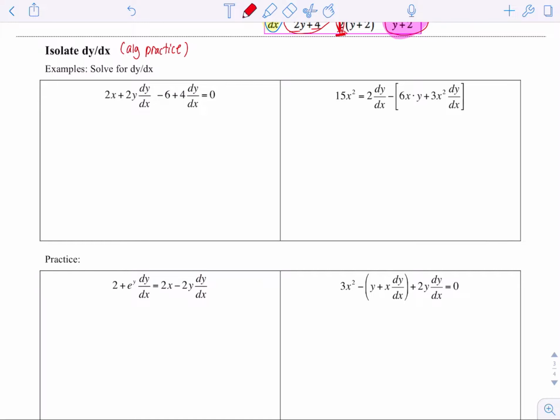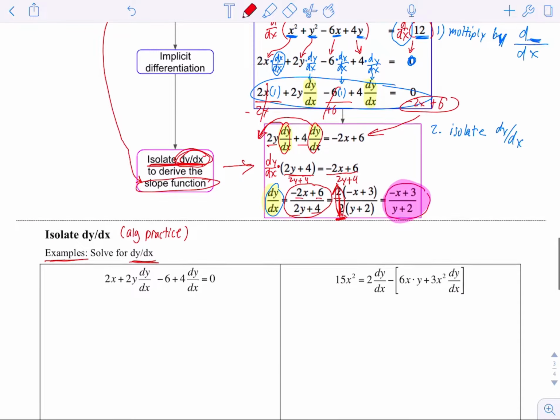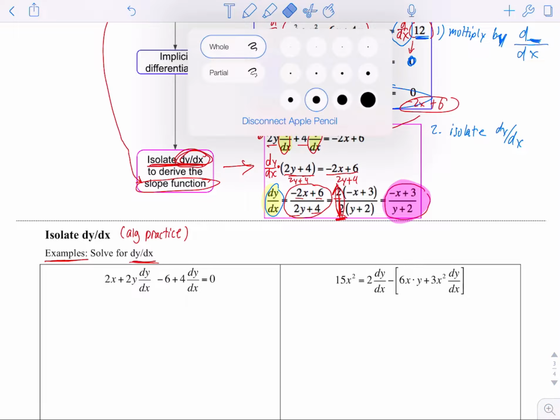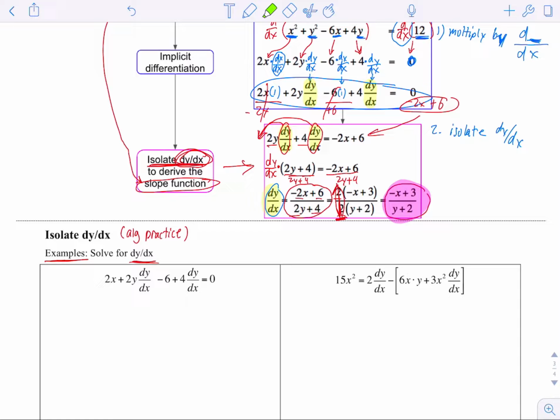Okay, so let's look at this left. Let's do some examples here. Let's look at this first problem right there. Do you remember what I said is what we first need to do for solving for dy dx? If you look up here, I told you in this section that we first need to get rid of all our non-dy dx terms.